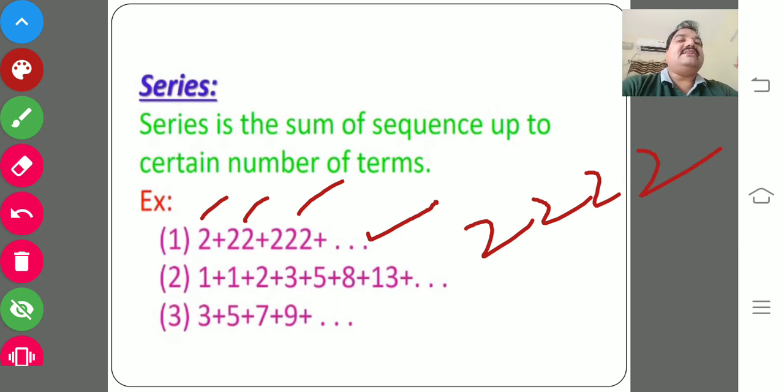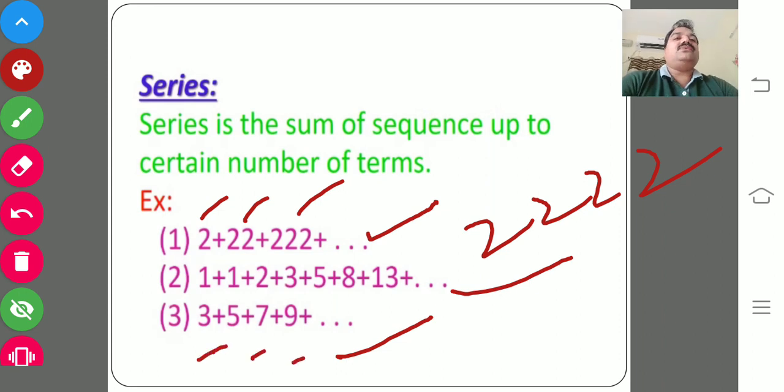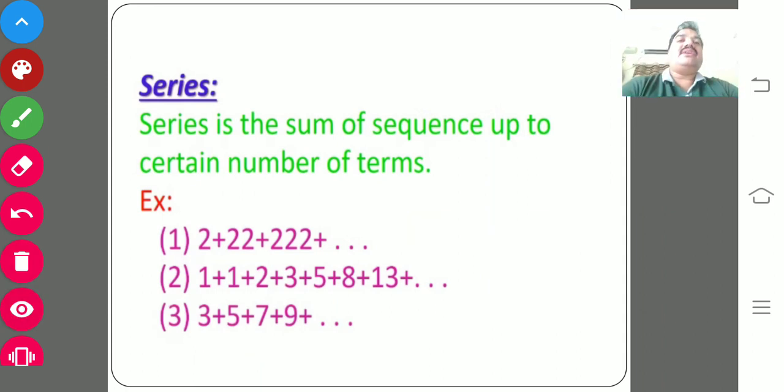Sequence or progression should be added. So the next one, the sum of the Fibonacci sequence. See, this is the sum of the odd number progression, 1 plus 3 plus 5 plus 7 plus 9 and so on. So this is called the series. Now you could understand what is sequence, what is progression, and what is series.